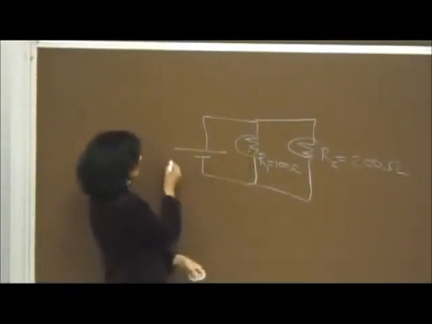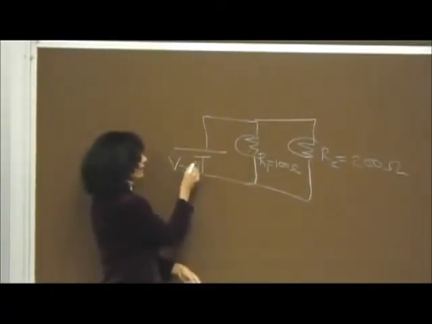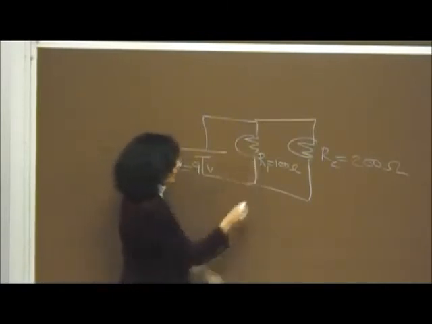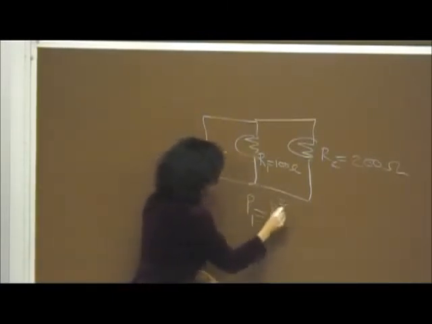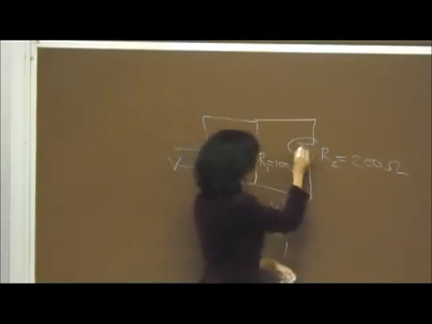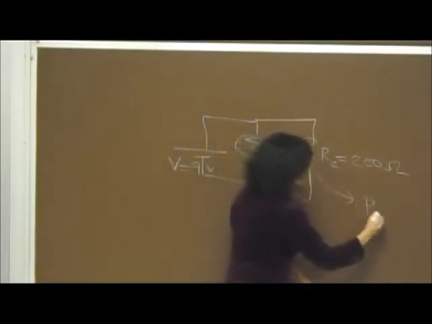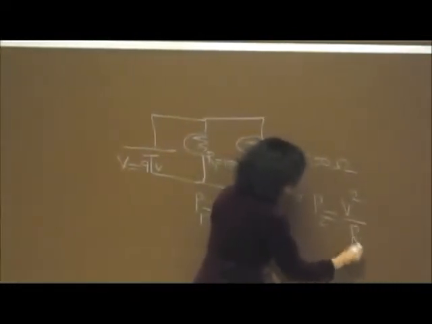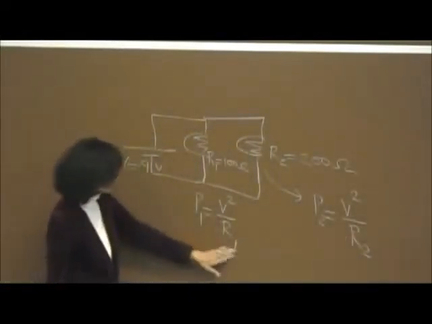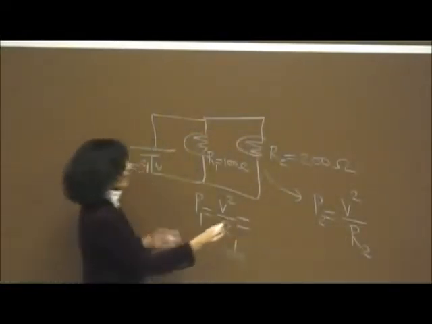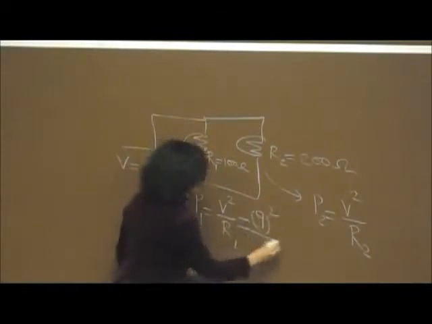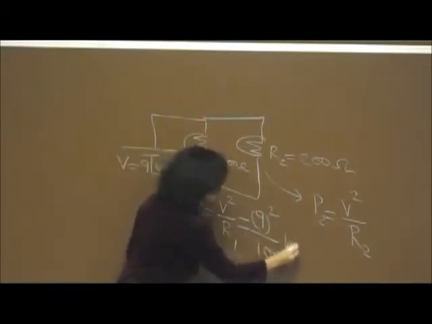Remember the power. Let's say this is a 9 volt battery, right? Do you see that the power dissipated in one is going to be V squared over R1? The power dissipated here, P2, is going to be V squared over R2. So here this is going to be 9 volts squared divided by 100, this many watts.